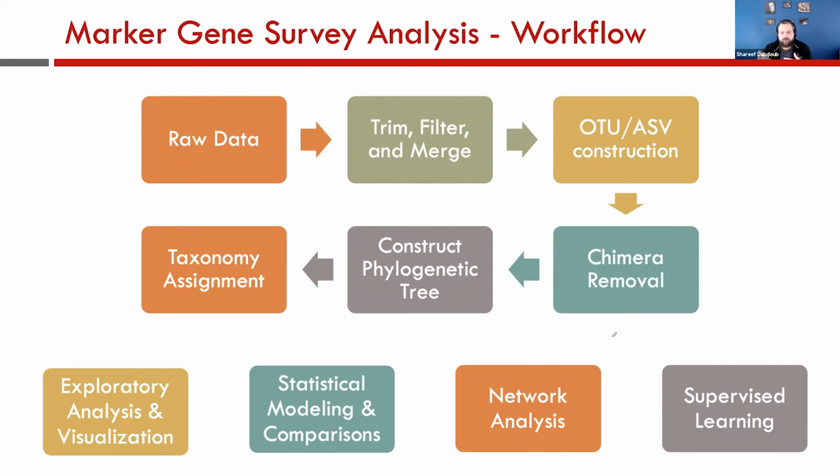And then we go on to either OTU clustering or ASV construction, which we'll get to later. Removal of chimeras, and again, the order of this can be different for different tools. Constructing phylogenetic trees for analysis, taxonomy assignment, and then all the different methods down below.